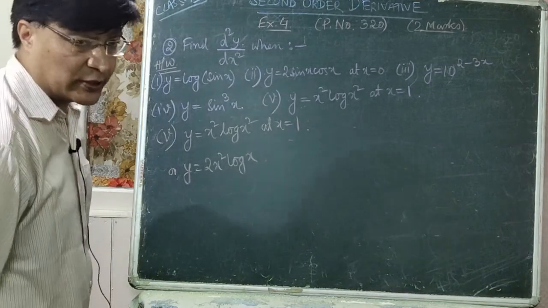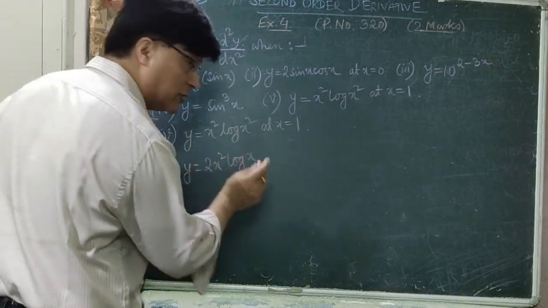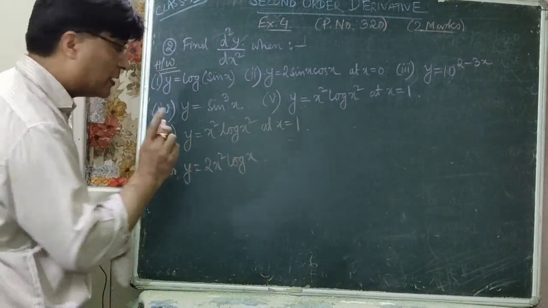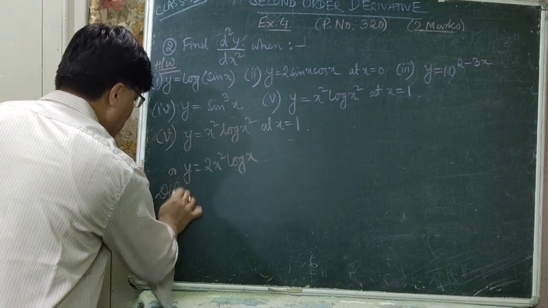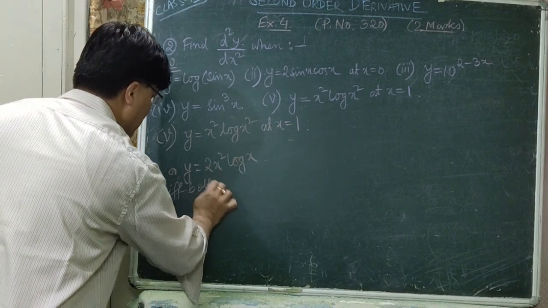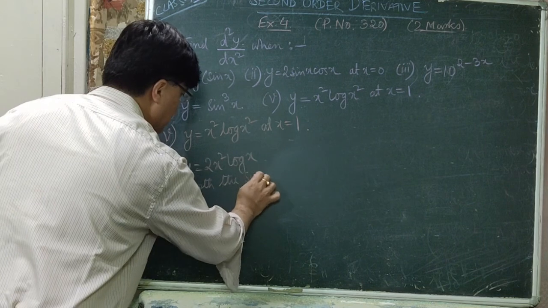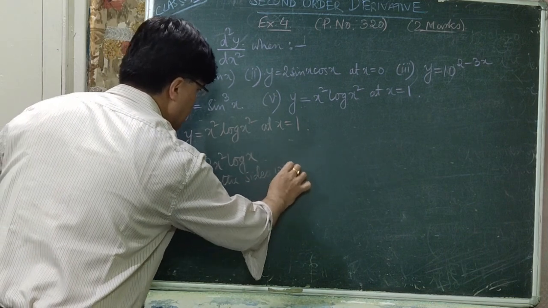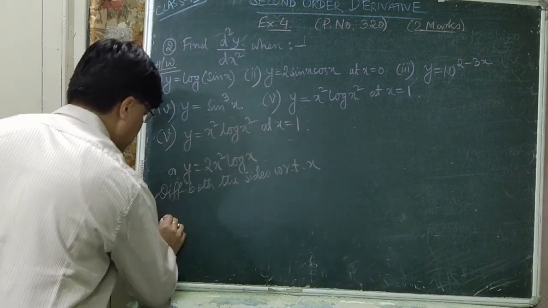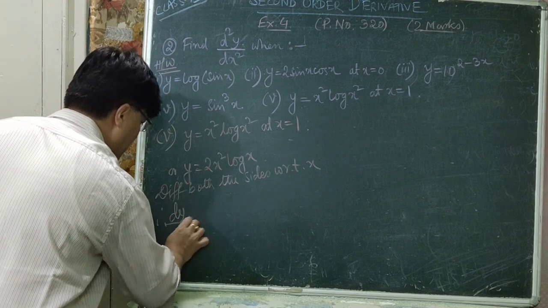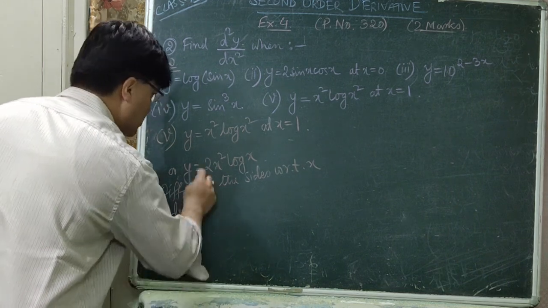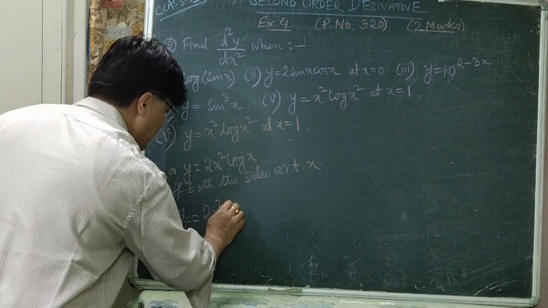Now we can differentiate it. So just find out dy by dx first. You first find out dy by dx. So differentiating both the sides with respect to x, therefore dy by dx is equal to 2x square is kept as it is.